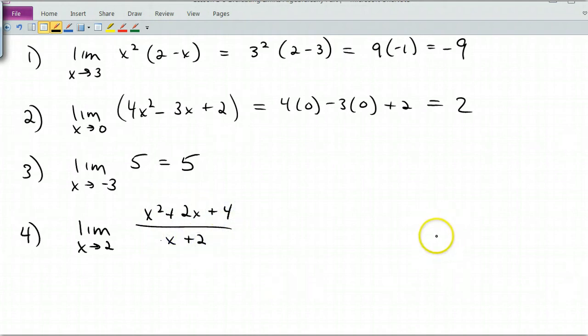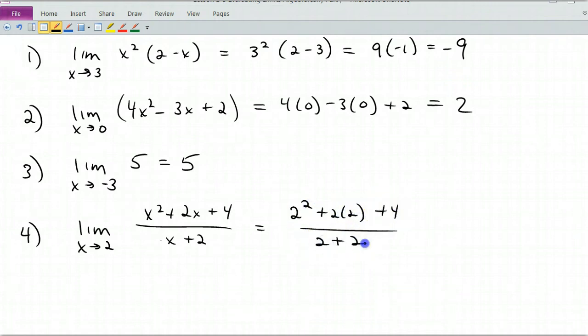The properties again say that if you have a quotient, you substitute in, so you have 2 squared plus 2 times 2 plus 4 all over 2 plus 2. You just evaluate it as you normally would. 4 plus 4 plus 4 over 4, which is 3. So that's the limit.